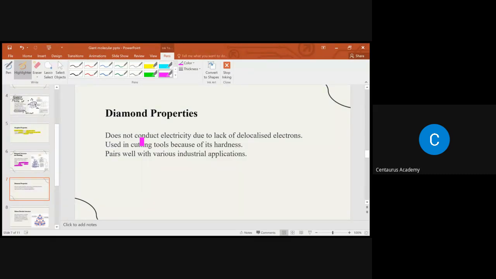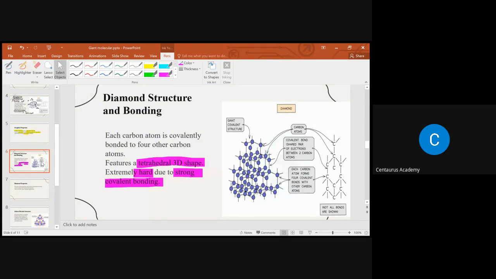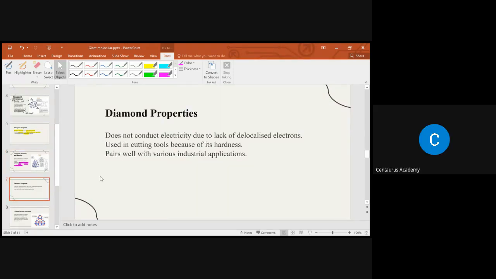So diamond, according to its structure and bonding, does not have any delocalized electrons, so will it be able to conduct electricity, yes or no? No. It is not able to conduct electricity as a result of no presence of delocalized electrons. It lacks delocalized electrons, so there is no particle to carry electric charge.